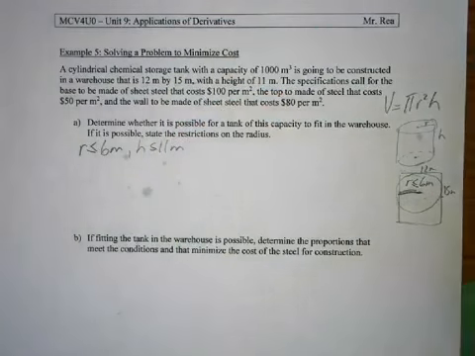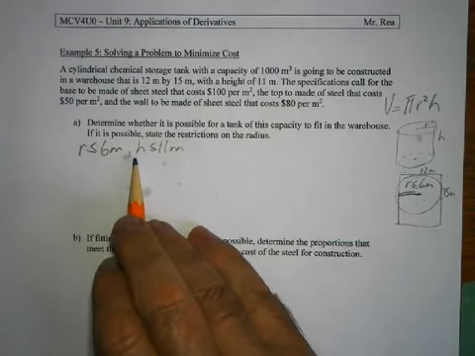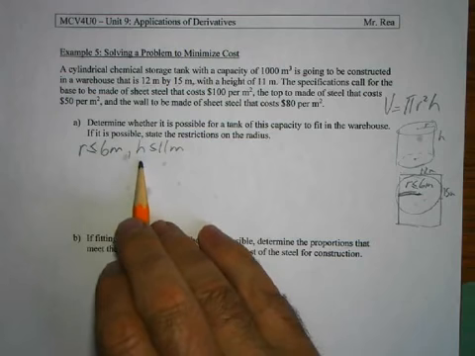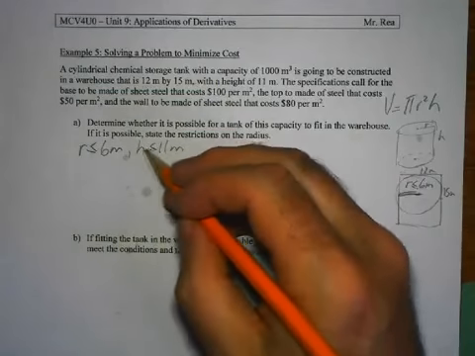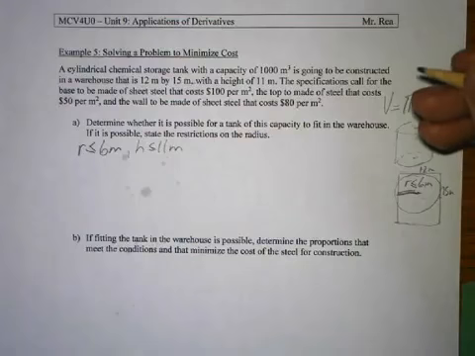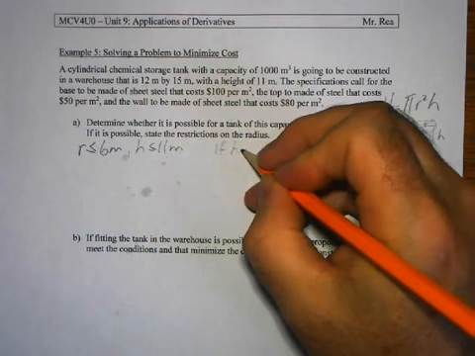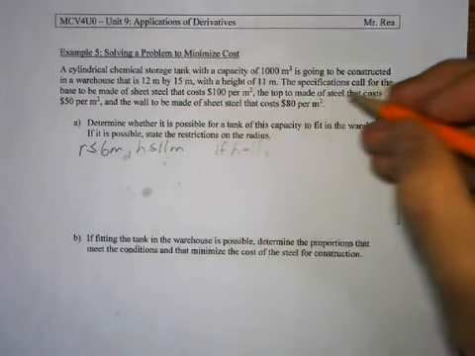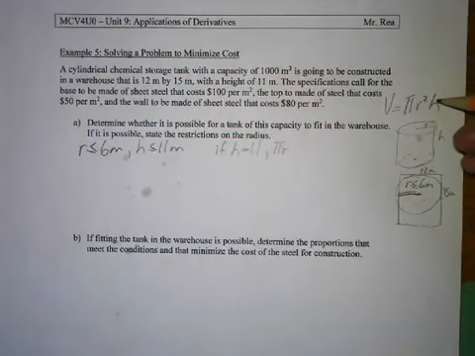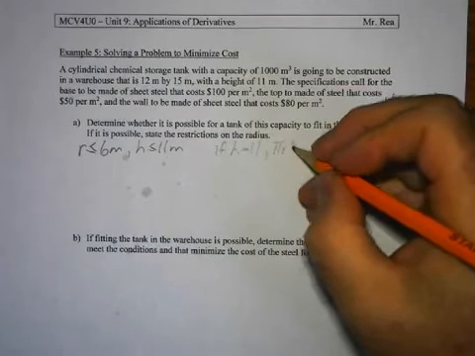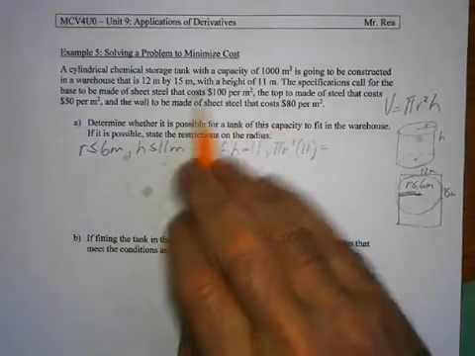Now, you notice these are two different variables, so the actual equation will be based on one of them. What we're going to do is convert the height into a value for the radius. If the height is equal to 11 meters, we take the volume, pi r squared h, where h is 11 and the volume has to be 1,000 cubic meters.